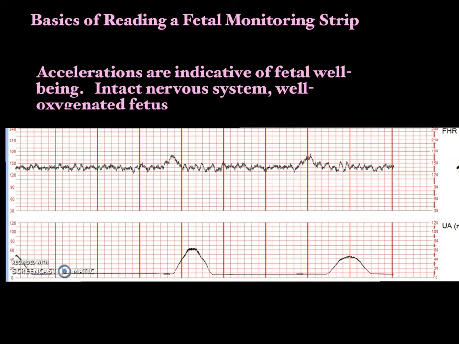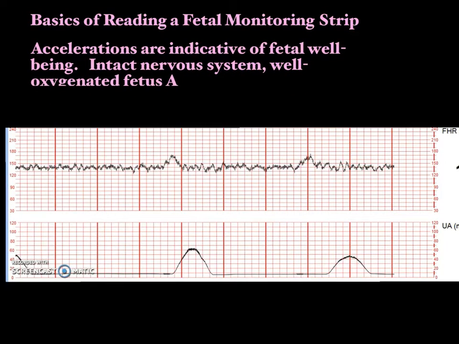So you can think of accels together with O for oxygen. That's just like a sneak peek. I'm going to give you a little cheat sheet for remembering what all these little periodic changes mean.